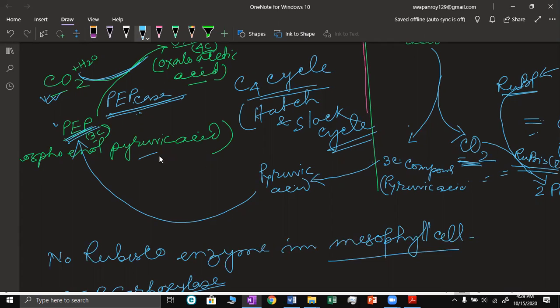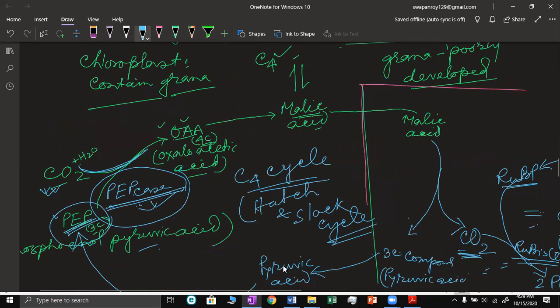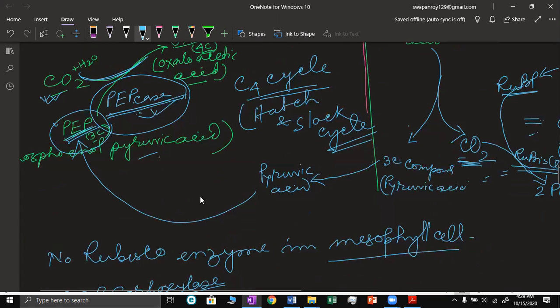Neither carbon dioxide nor oxygen. For the carbon dioxide, PEP carboxylase, etc. are there. So this is the process.